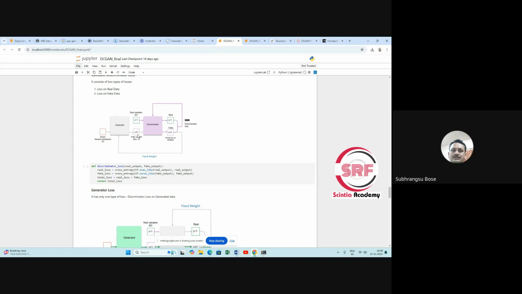In the same way, when a fake sample is predicted as 1, it is fake, then that loss function will be back propagated to the generator, and the generator will be trained, and then create a new sample until the discriminator gives the result 1.